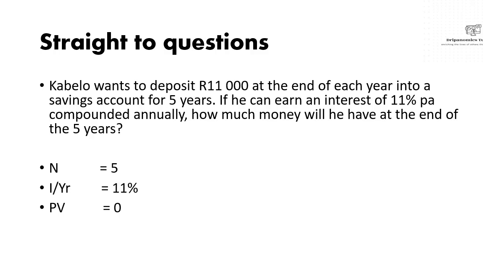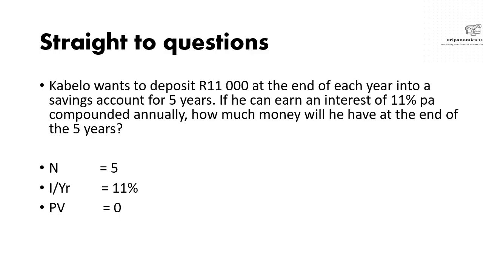No, we're not given. Some people mistake these deposits for present value. But if these deposits are happening each and every year or each and every period, then that is not your present value, because present value happens once. You deposit money once for it to be a present value.